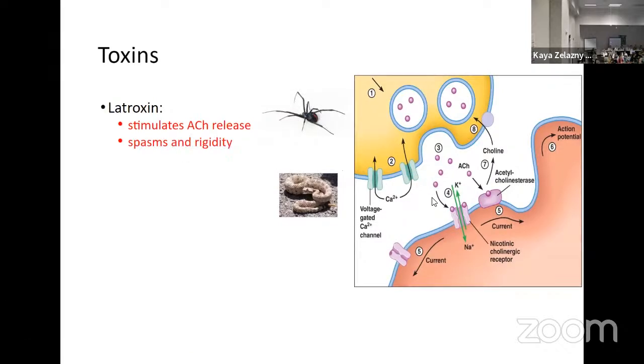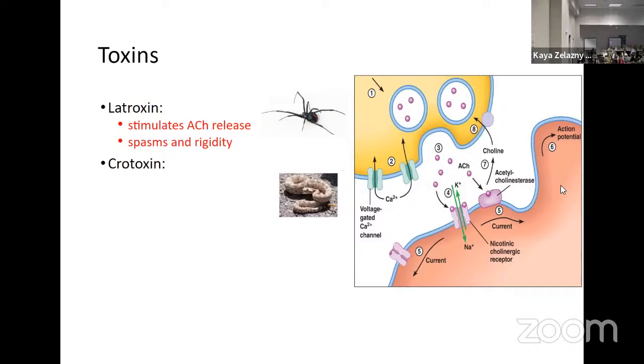So this causes muscle spasms and eventually causes rigidity. You're going to be so clenched up that you're essentially going to be paralyzed because your muscles are going to be stuck in this contracted state. It's going to be super stiff, rigid, contracted across your body.